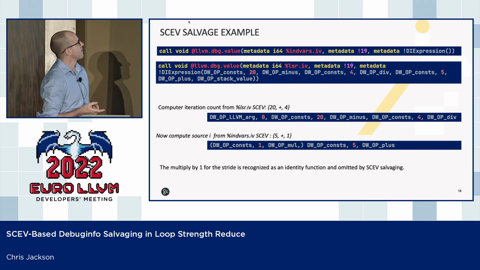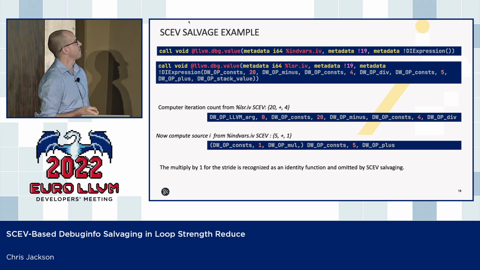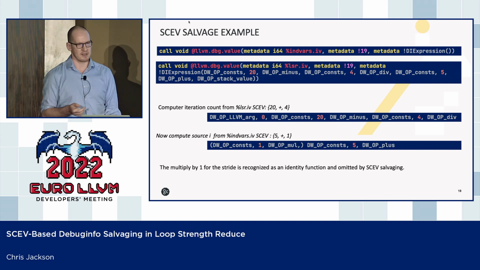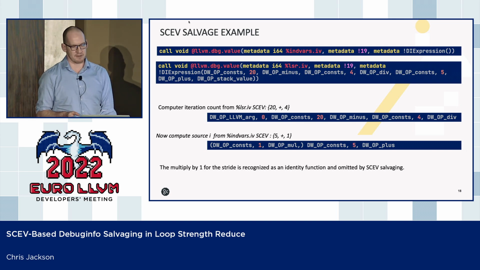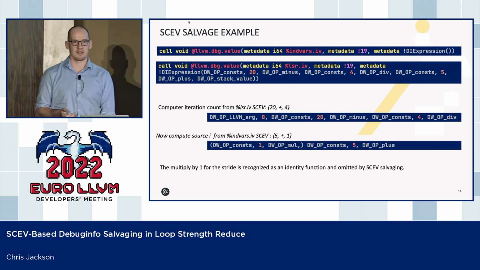But you'll note from the long expression at the top that the multiply by 1 has been omitted. This is because there's logic inside SCEV salvage to recognize when a stack expression is just the identity function, and it would just be a no-op, wasteful computationally and in terms of debug info size.